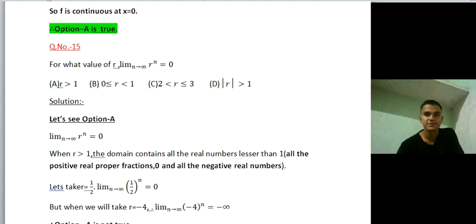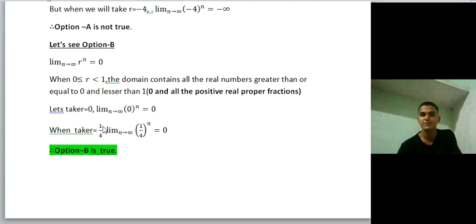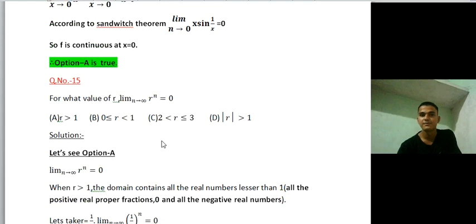Okay. So this is a beautiful question. The limit as n tends to infinity of r to the power n is equal to 0. So we have to find out when the limit of this will be 0.